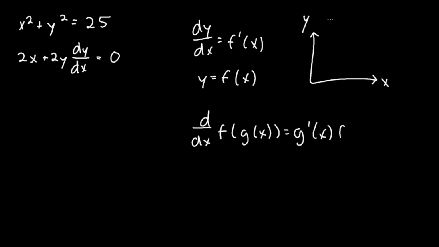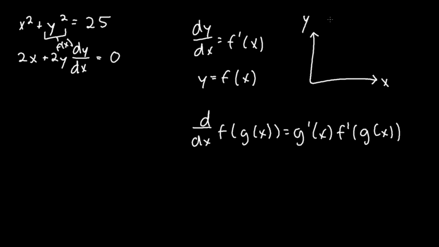Well, let's look at chain rule. Well, chain rule states that you have to multiply the derivative of the outer function by the derivative of the inner function, g. Well, since y is a function of x, technically, y squared here is the outer function, and a function of x is the inner function.